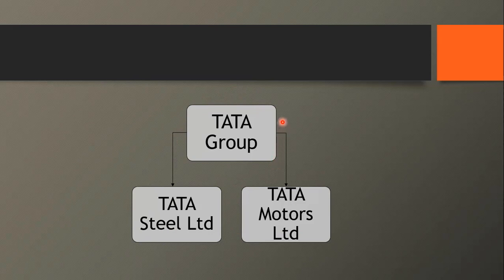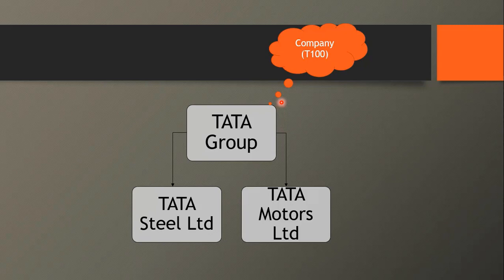From the SAP point of view, this Tata Group is called a company and it will be defined in SAP as a company. This company will be assigned a unique identification. Here you can see T100. So this is the unique identification for the company Tata Group. Under Tata Group, there are two companies, Tata Steel Limited and Tata Motors Limited.